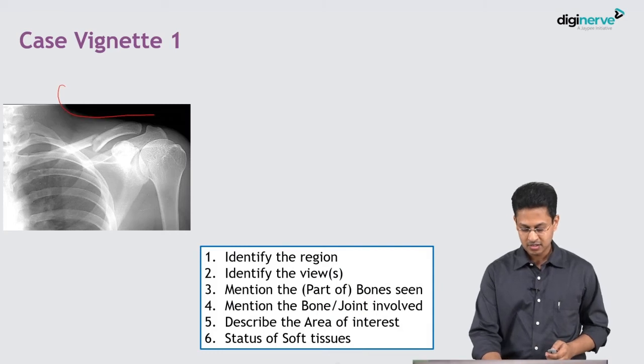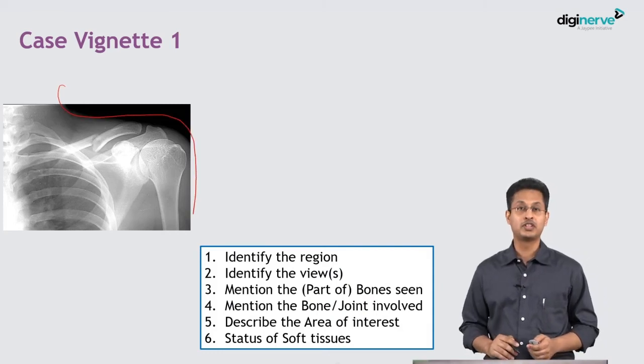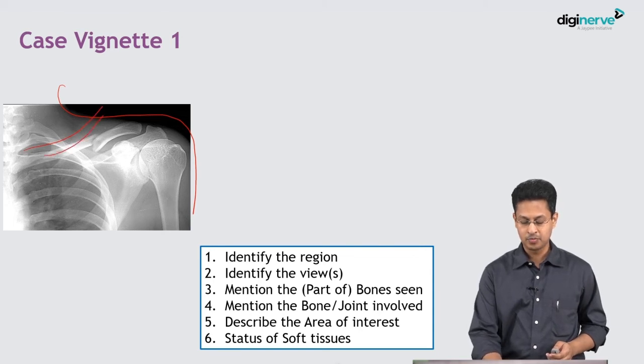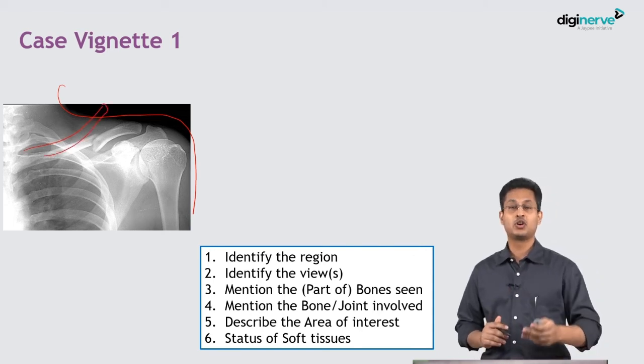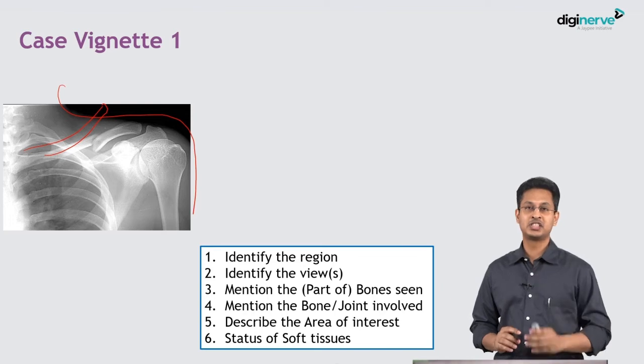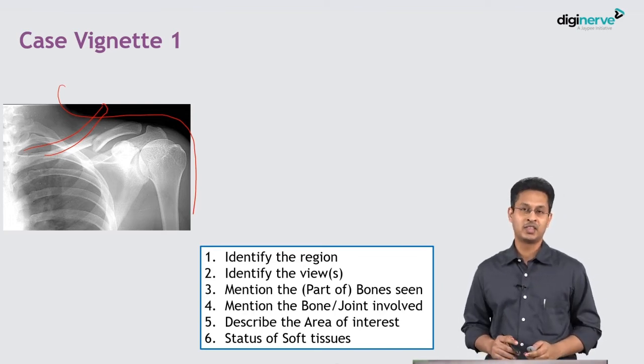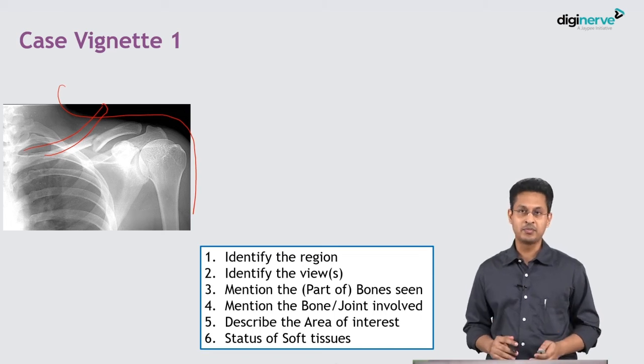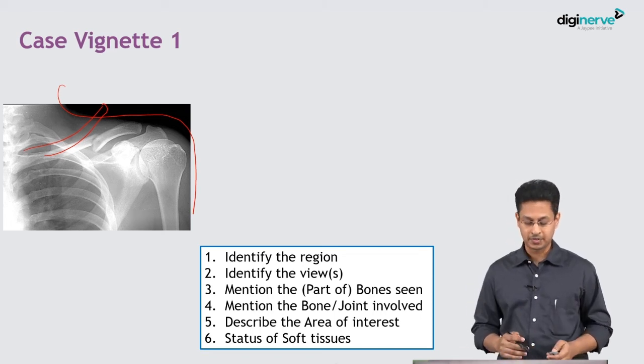The last point in describing this X-ray is the status of the soft tissues. Here you can see a thin shadow of the soft tissue lining. If the fractured bones appear beyond this soft tissue shadow, it is suggestive of an open fracture. That can sometimes be appreciated on plain X-ray films, and it is not only about the bones.